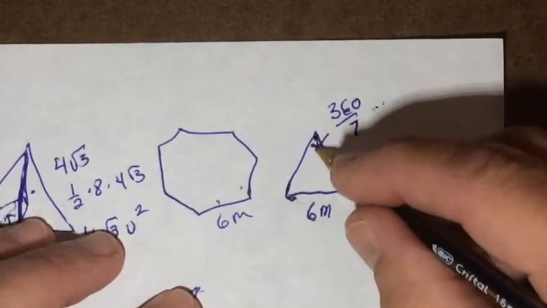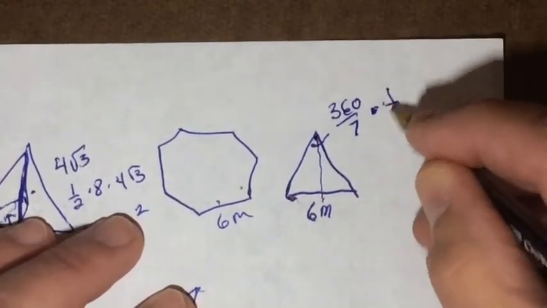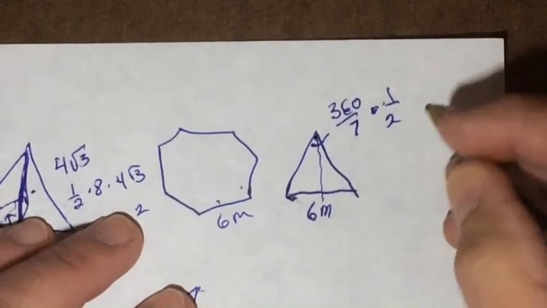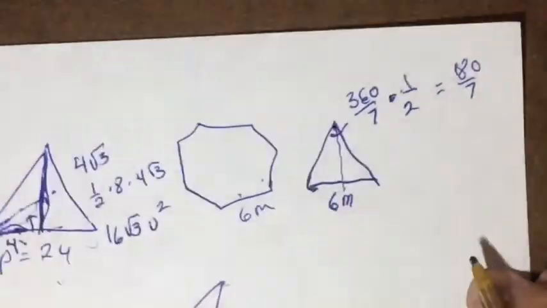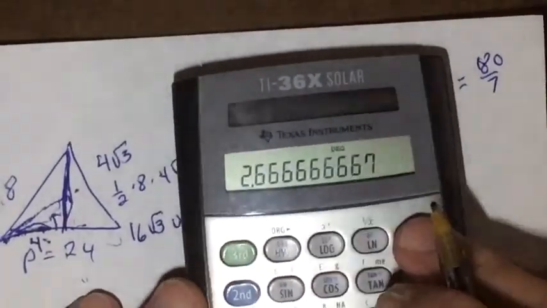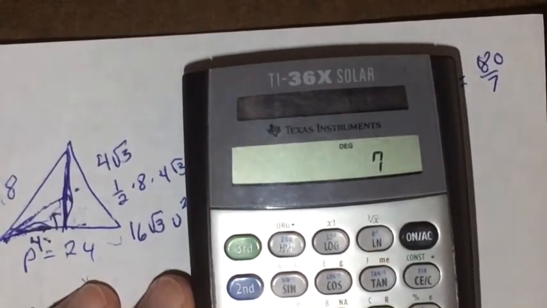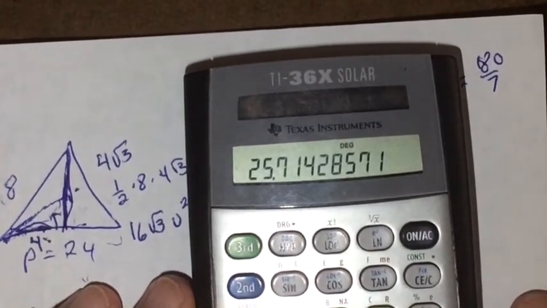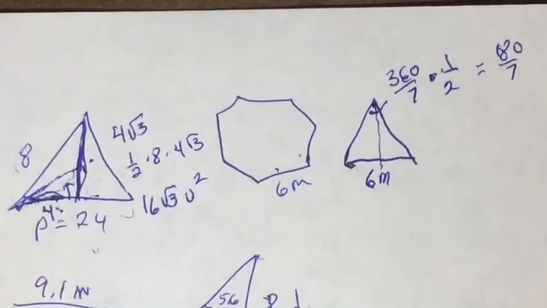And then when I cut it in half, it's going to be 360 degrees over 7 times 1/2. That's 180 over 7. So let me just quickly come in here and see what that turns out to be. 180 divided by 7. Well, that's kind of annoying.